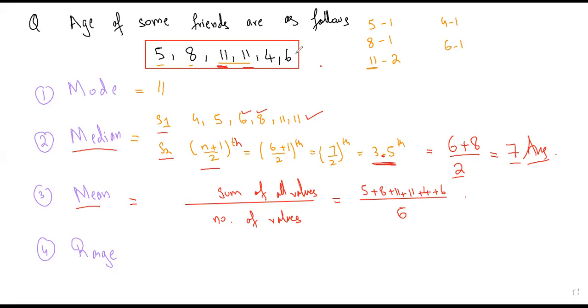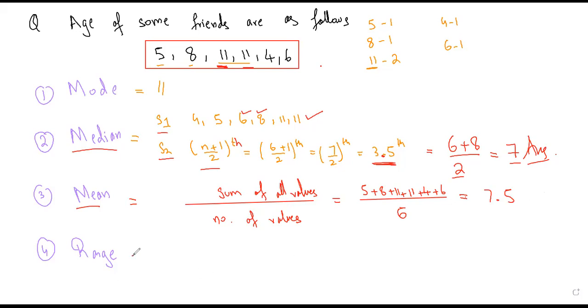Okay, very good, Saneem. Rania, please check your answer again. It's a bit different. Okay, so it would be 5 plus 8 plus 11 plus 11 plus 4 and plus 6. This divided by 6, and this would be 7.5. This is your answer.